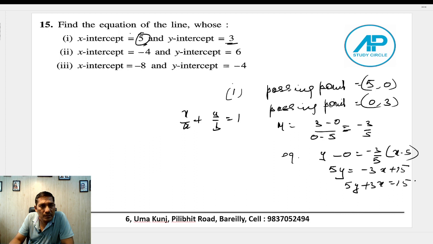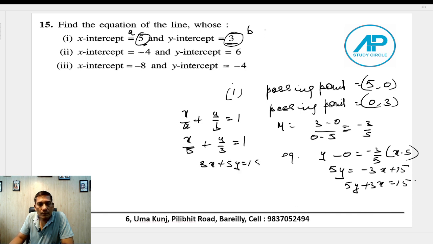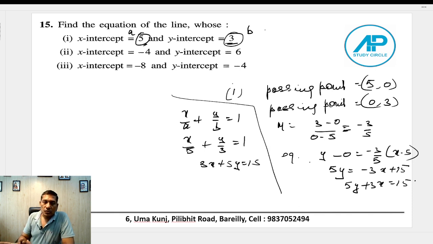This is a, this is b. Your choice. You solve it anyhow. You got the exact same answer.